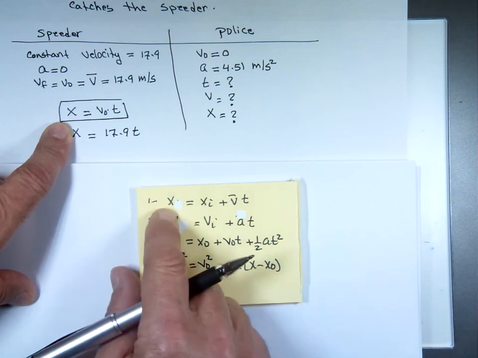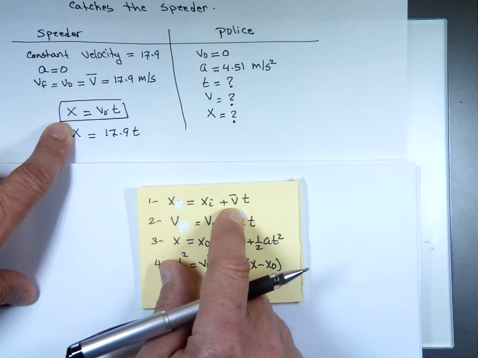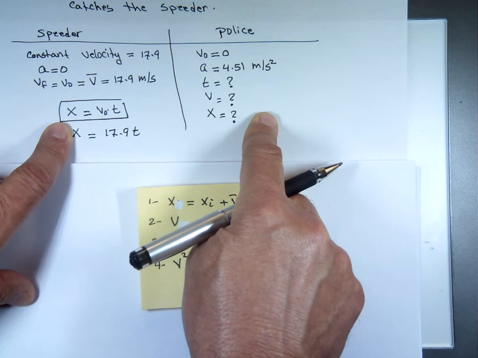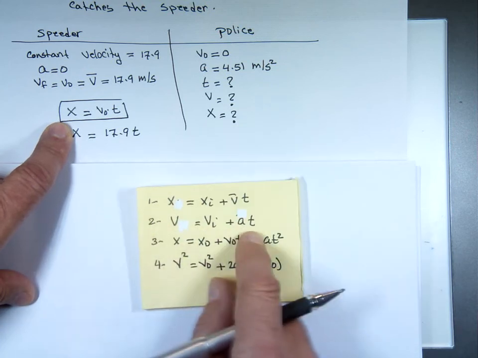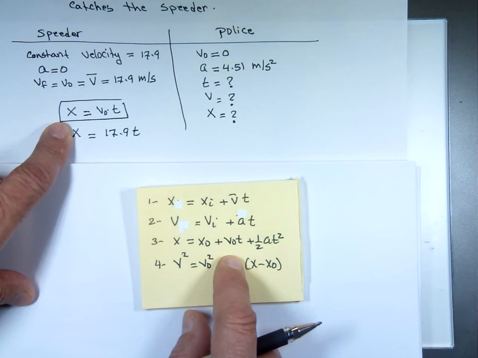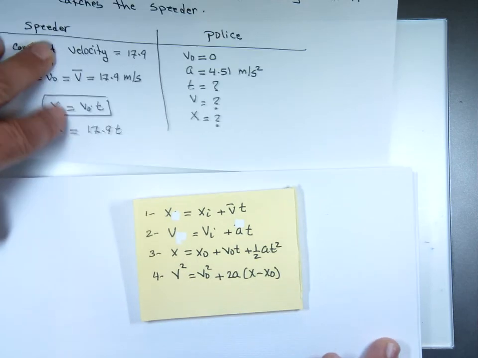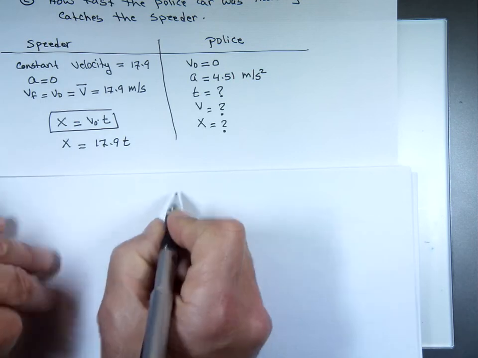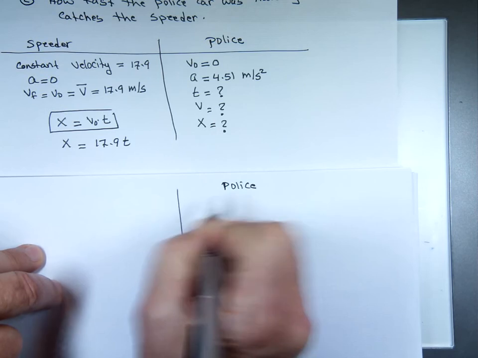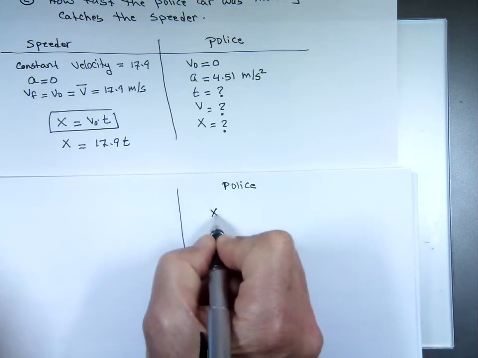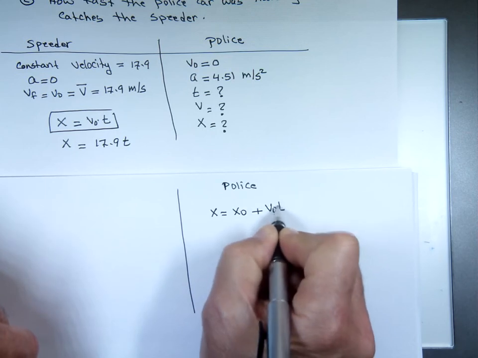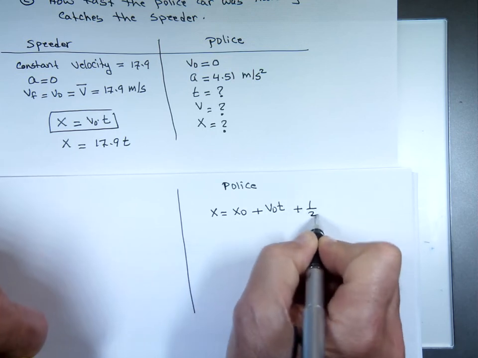Well, I could use this, but I don't know what the average velocity is, right? For the police car. That doesn't help me. This doesn't have x in it. But this does. So let me look at that equation for the police. Again, we're still talking about the police here. What about if I use this equation? x equals x sub 0 plus v0 t plus 1/2 a t squared.